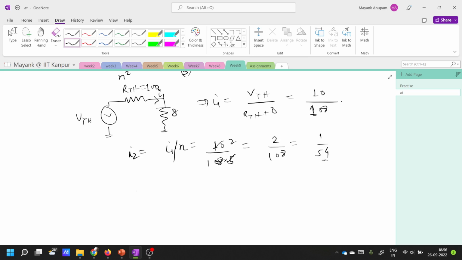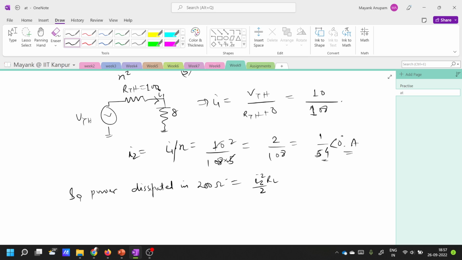This is I2. So power dissipated in 200 ohms is equal to I square RL divided by 2. This I2 here is a phasor quantity. This is angle 0 degree phasor.